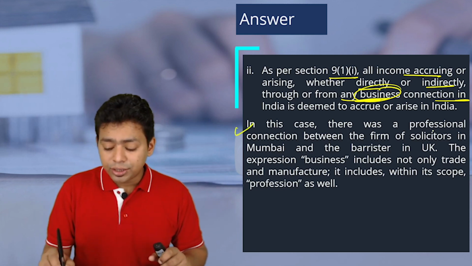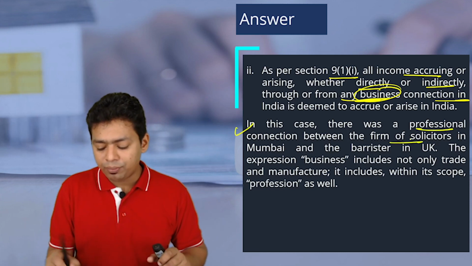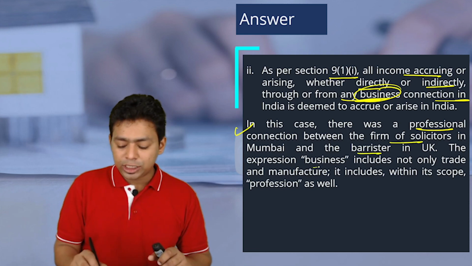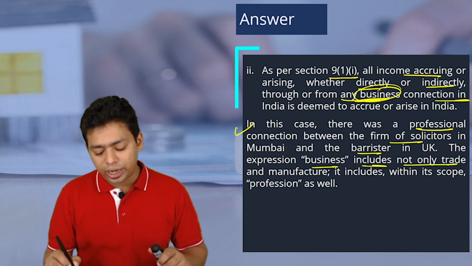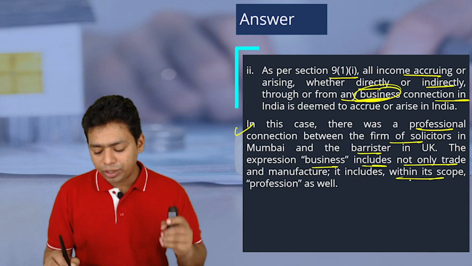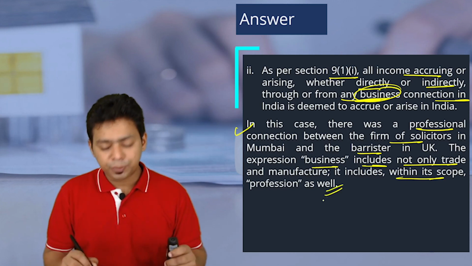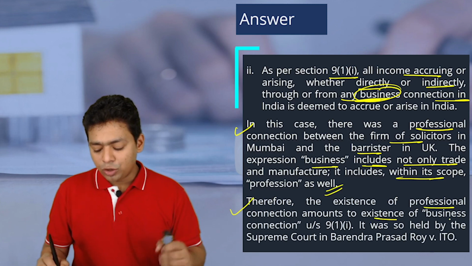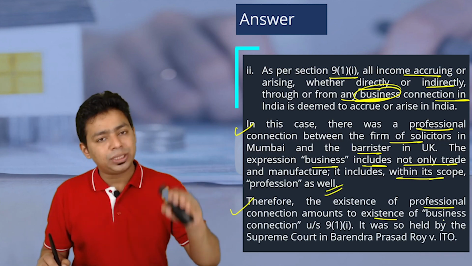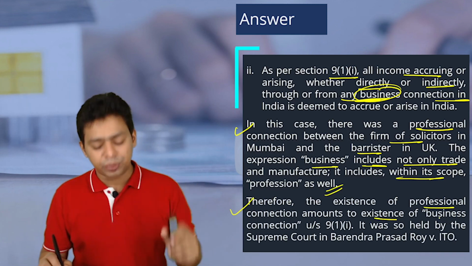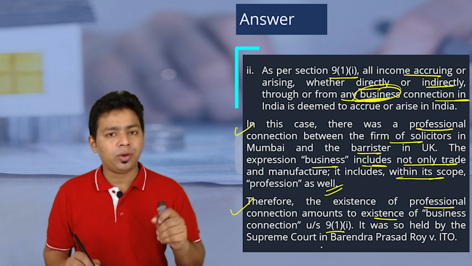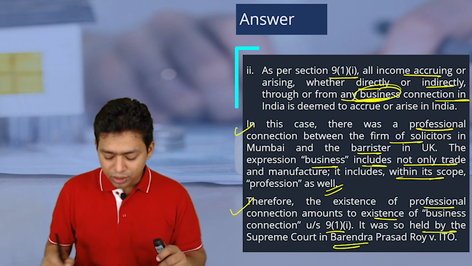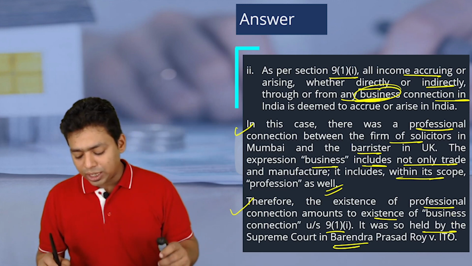In this case, there was a professional connection between a firm of solicitors of Mumbai and barristers in UK. The expression business includes not only the trade and manufacture, it also includes within the scope profession as well. Therefore, the existence of the professional connection amounts to existence of business connection under section 9(1)(i), and therefore it is taxable in India, and it was held in the case of Barendra Prasad Roy v.